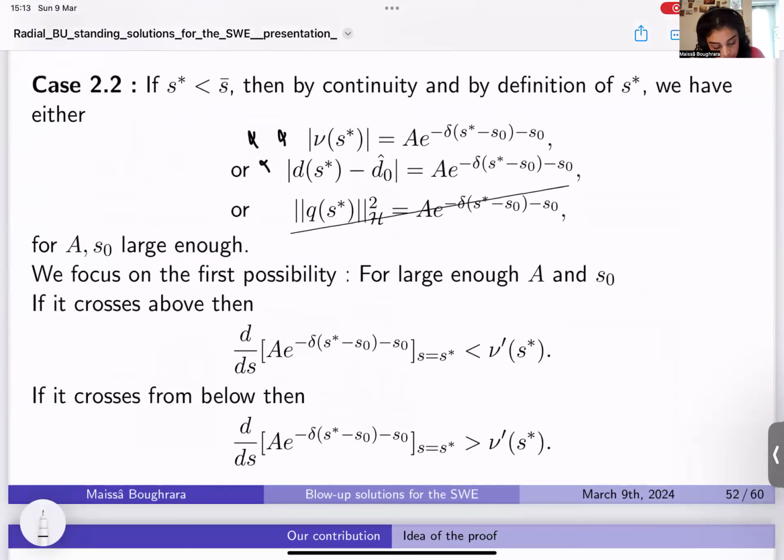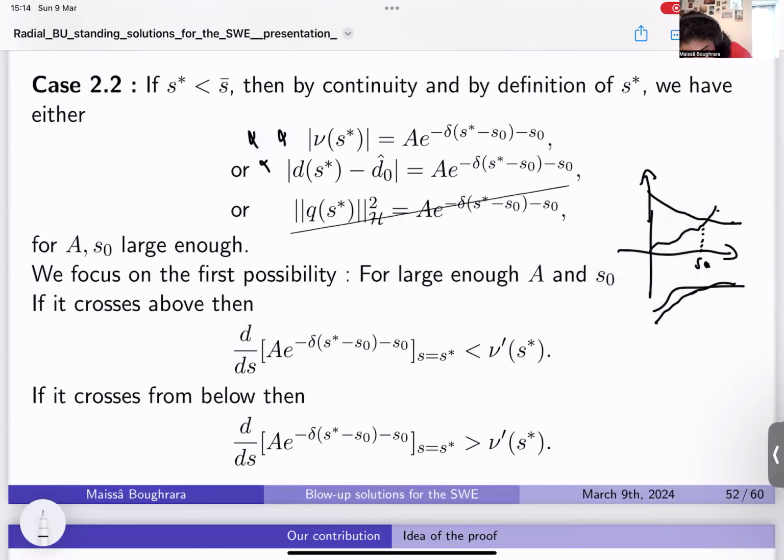Since we have the curve, let me draw again the shrinking set. Let's assume that it exits from above the shrinking set. Here we have S star, and this is the curve of nu.